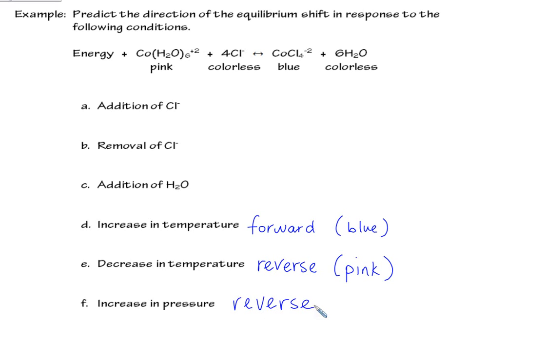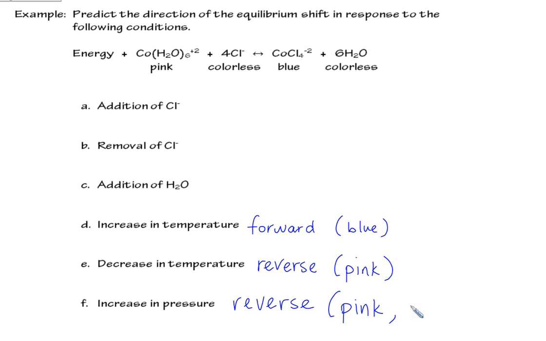I'd want to shift in reverse toward the side with less. Now, in this case, not only might I see pink, but do you also notice, if I'm shifting in reverse and I'm not monkeying with the temperature, one of the other components is energy?